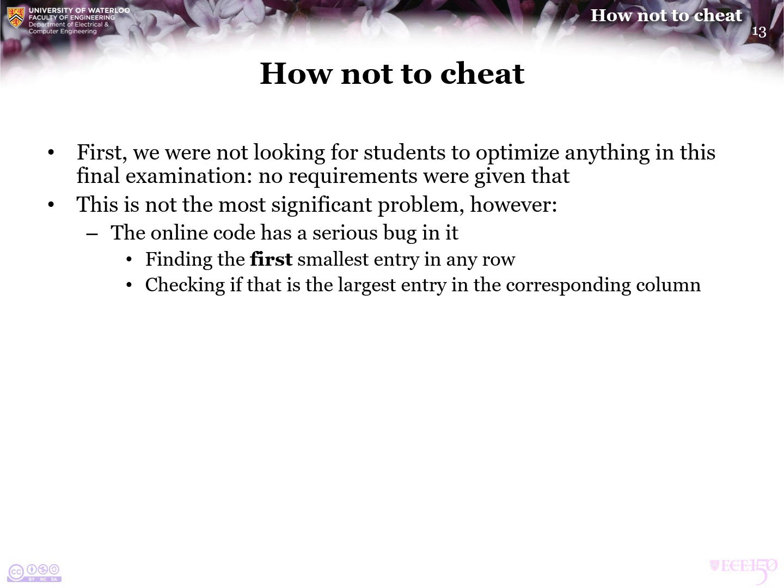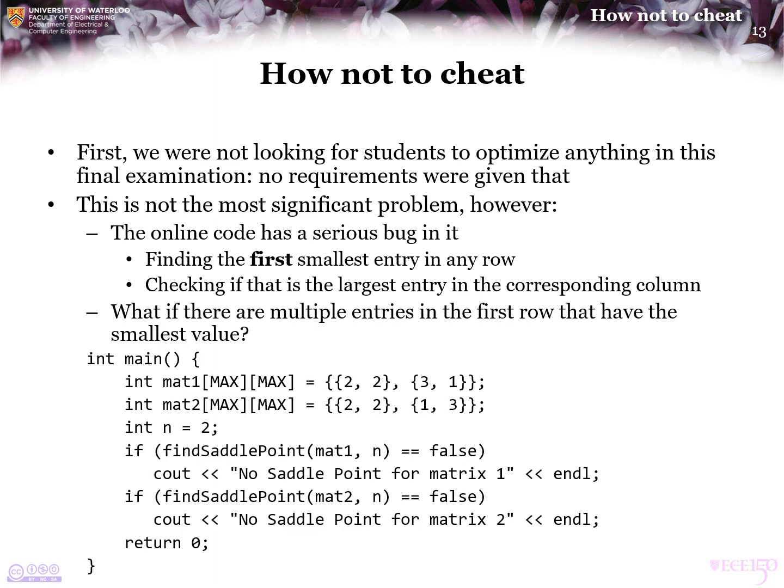It only checks if this first smallest entry is a saddle point by checking that it is the largest entry in the corresponding column. So, if there were multiple entries in the first row that had the smallest value, it would not check the subsequent smallest entries and therefore could potentially miss a saddle point.